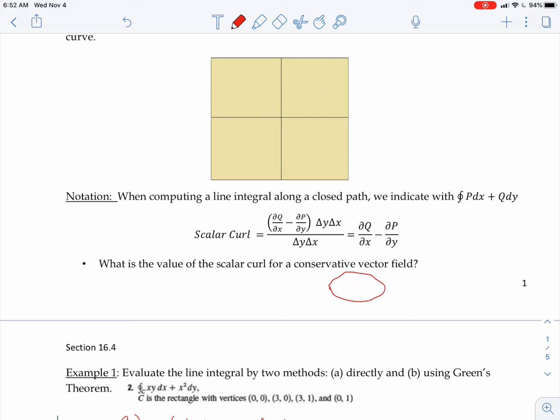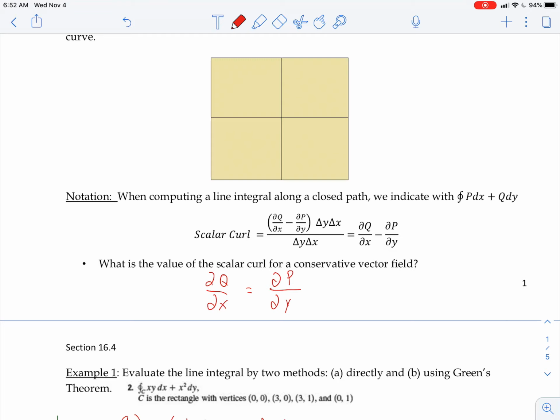Another application you see that algebraically is, remember, how could we tell if we're dealing with a conservative vector field or not? We know that the partial of Q with respect to x is equal to the partial of P with respect to y. And that told us if we were dealing with a conservative vector field, because the second derivatives, taking one with respect to x and the other with respect to y, should equal each other.